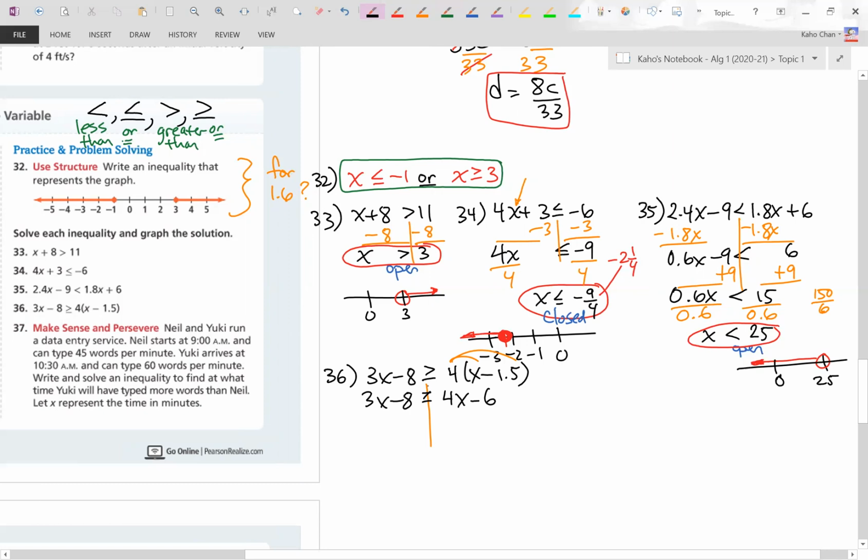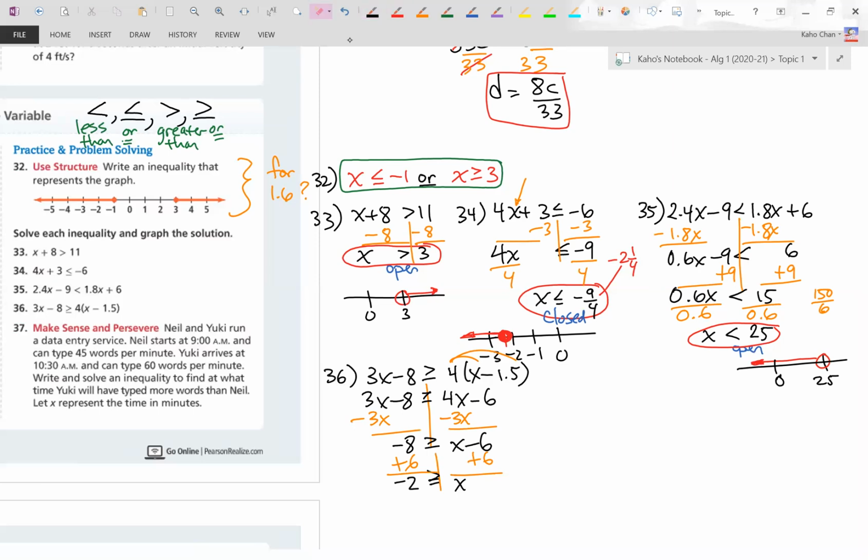Watch this. This is interesting. We're going to subtract 3x from both sides. And our variable now is on the wrong side when it comes to inequalities. So add 6 to both sides. This will give me 2 equals x... oops, sorry. 2 is less than or equal to... x is less than or equal to negative 2.